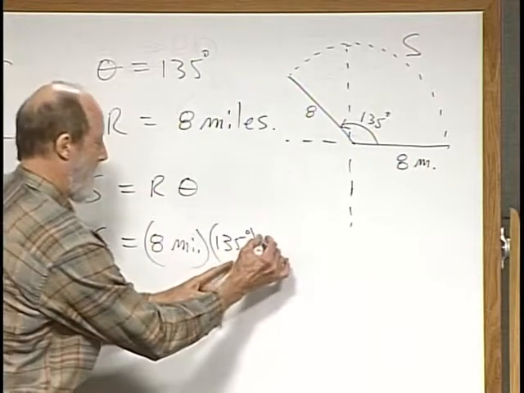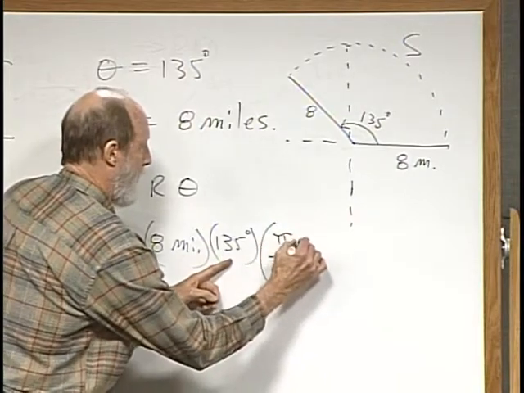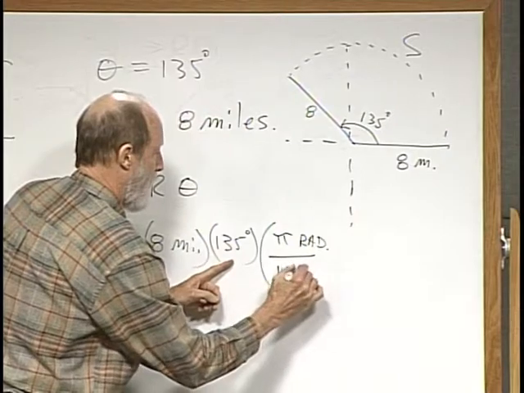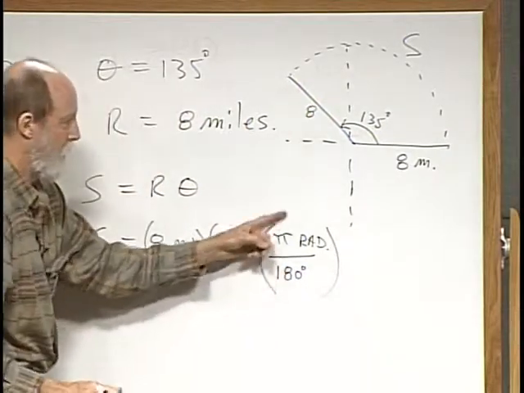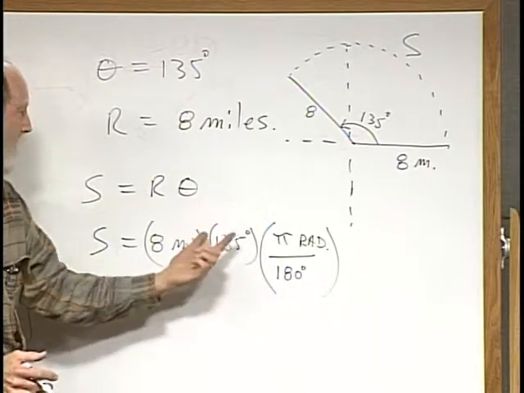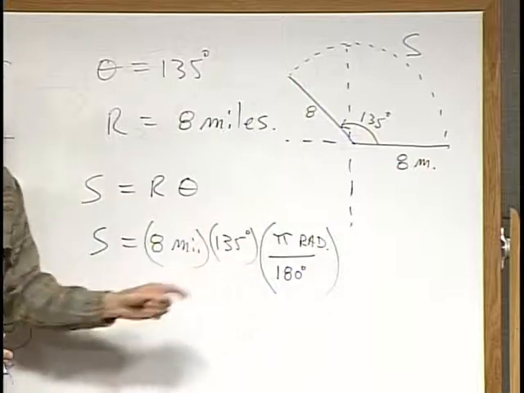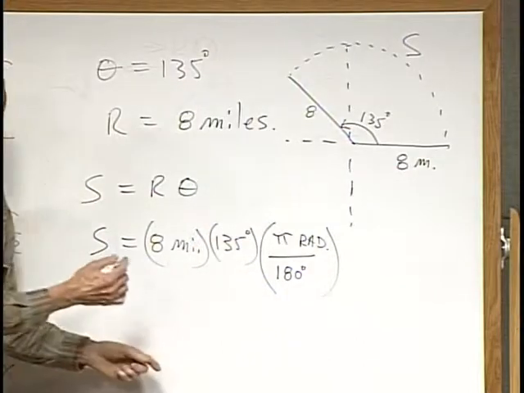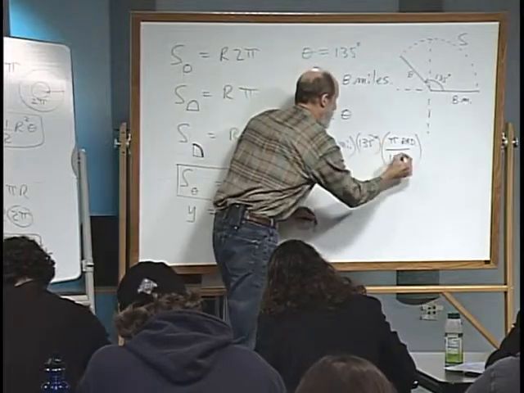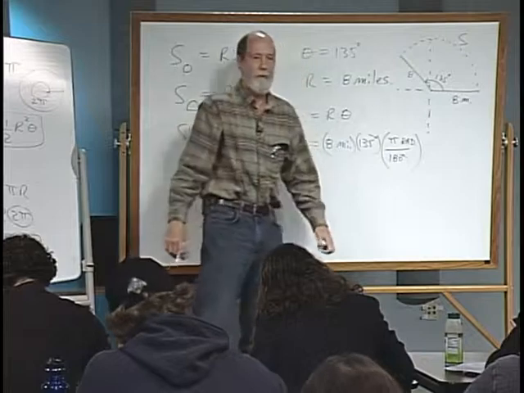So we tag on a conversion factor here. The fact that there's pi radians in 180 degrees, that conversion factor is effectively 1 in value. We're multiplying this product, r times theta times 1. And look what happens. What disappears? The degree measure disappears, and we're now left with mile radians.